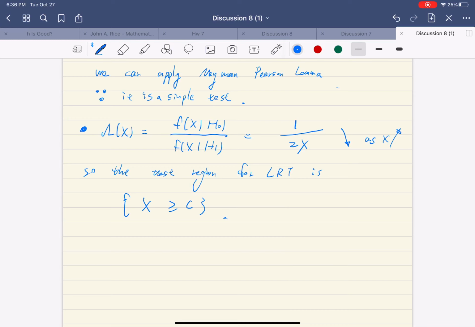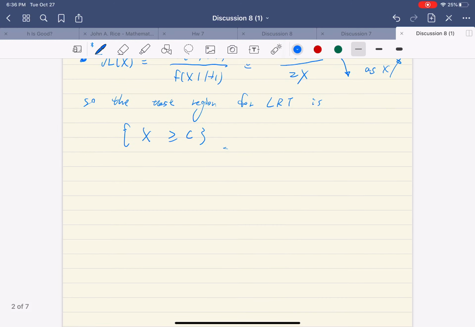Now we have to find the c alpha. So we define alpha equal to the probability of x greater than c under the null. So this is equal to the integral from c to 1 of dx, which is equal to 1 minus c. So we can see c alpha should be 1 minus alpha.